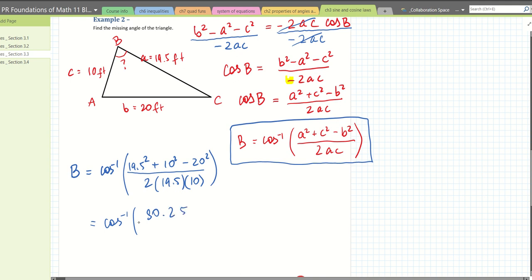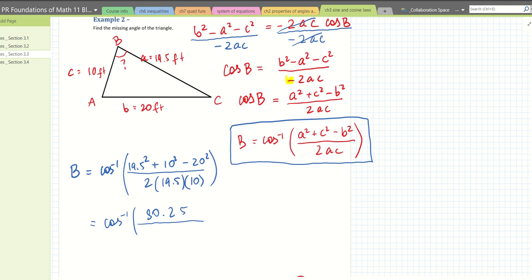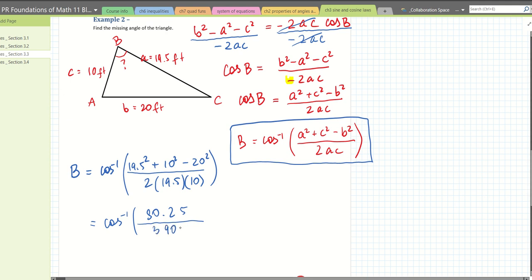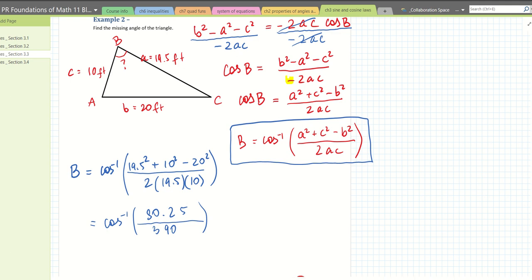But again, I recommend that you learn how to use your calculator so you don't have to use steps separately. And then do the denominator, 2 times 10 is 20 times 19.5. All right, so we get this step. And of course, now we need to divide. So 80.25 divided by 390 is going to be 0.205 and so on.